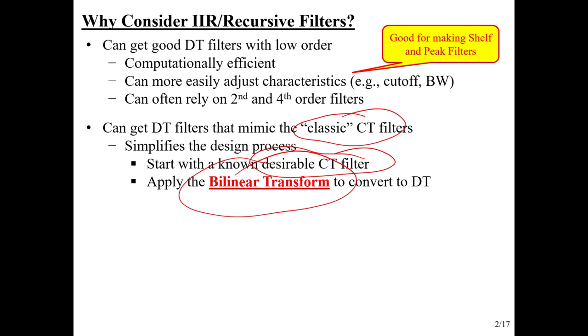And it will convert that analog filter into a discrete time filter that is as close to mimicking the original as possible. There are always going to be some issues involved with the sampling of signals and the discretization of the filter. Let me say it this way. Discrete time filters can only work up to a certain frequency, the Fs over 2 point.